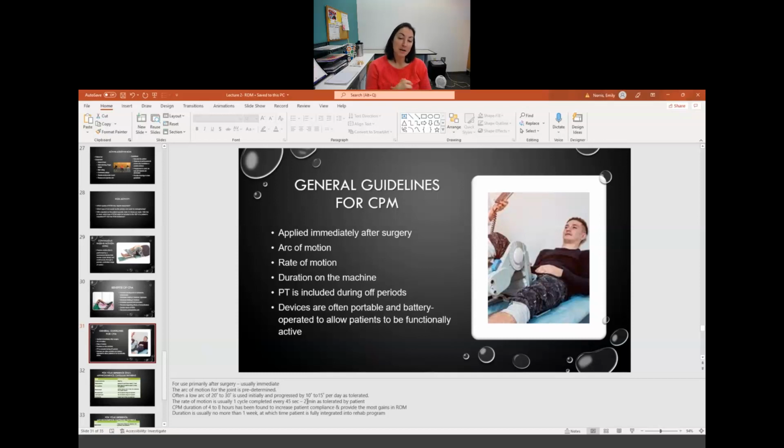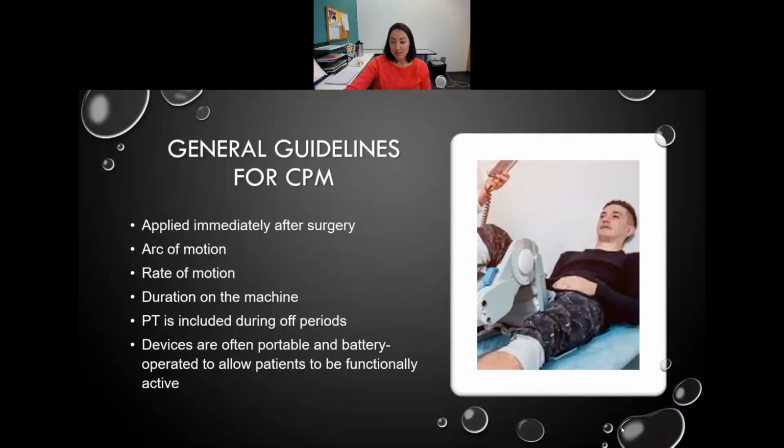And then the physical therapy that is given when a patient is using a CPM machine is during their off times. So you take it off for physical therapy, and then you put it back on for continued passive motion. So that's a CPM machine.